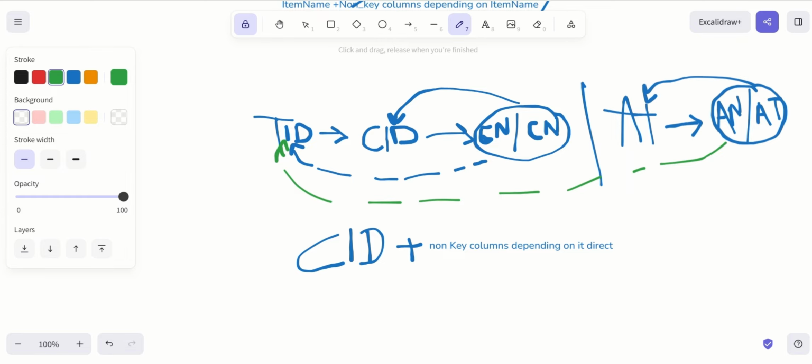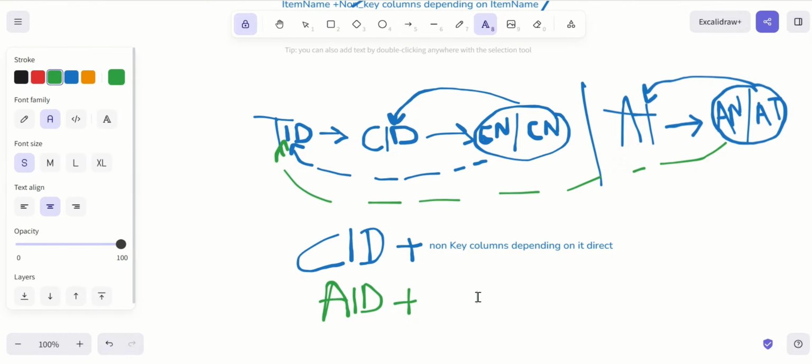So that means we're going to have another table of agent ID plus the non-key columns depending on it.